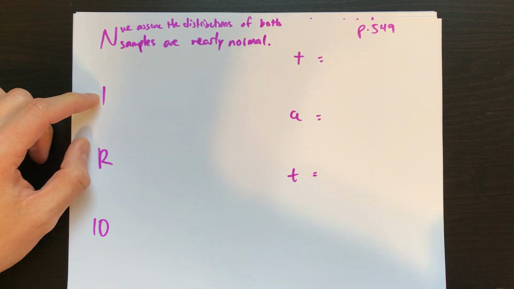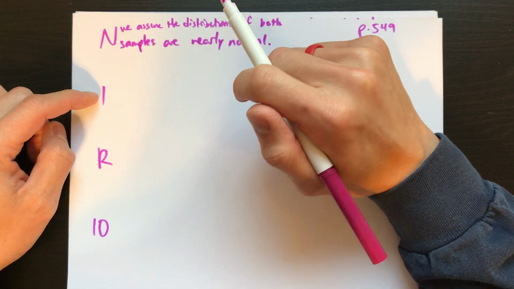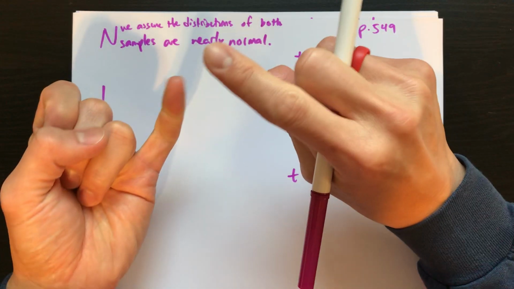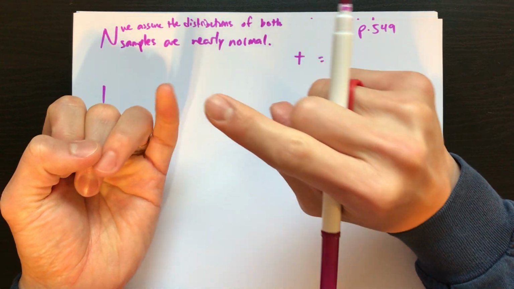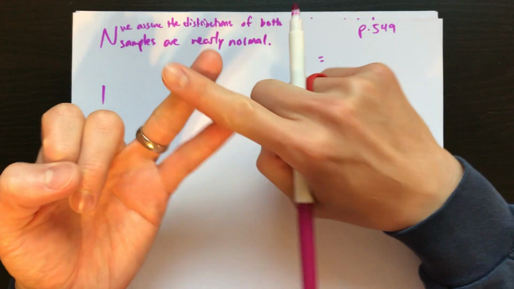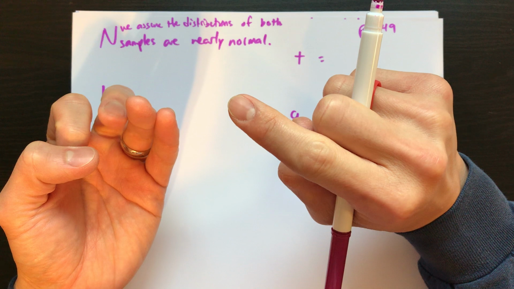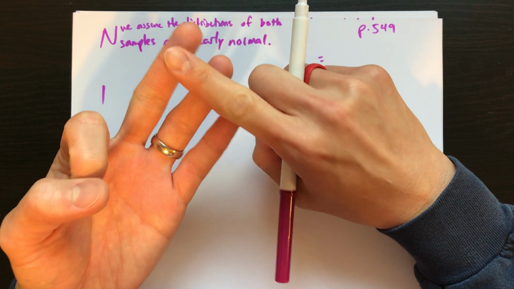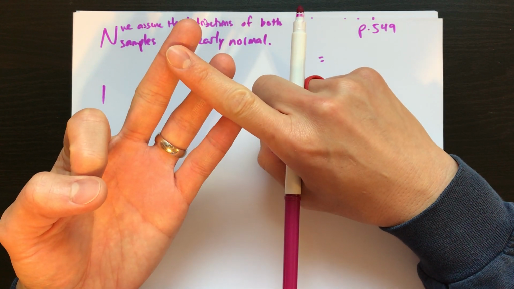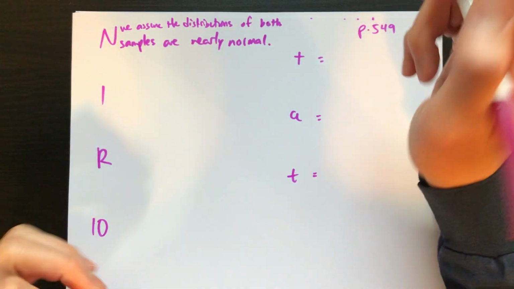Now, independence. What are we assuming is independent here? There are three choices. Are we assuming that the shows are independent? Are we assuming that the brands are independent? Or are we assuming that the subjects or the volunteers, the people watching the shows, are independent? Okay. If you guessed the third one, you're correct.